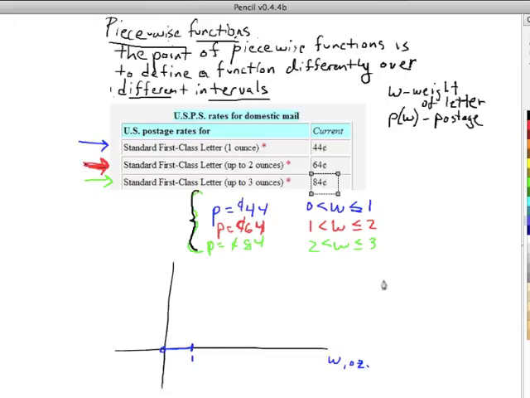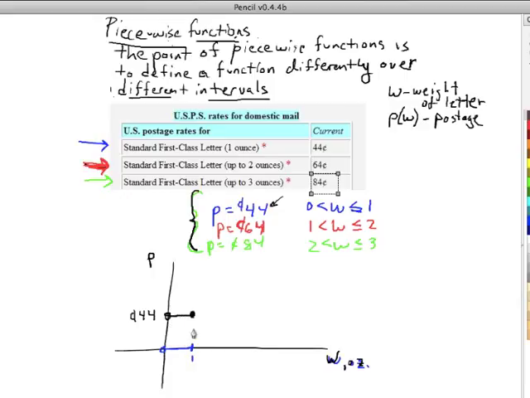So what is the postage from 0 to 1? It is 44 cents right there. So I'm going to put 44 cents up here, and I am going to draw an open dot at 0 because if it doesn't weigh anything, we're not sending anything, right?